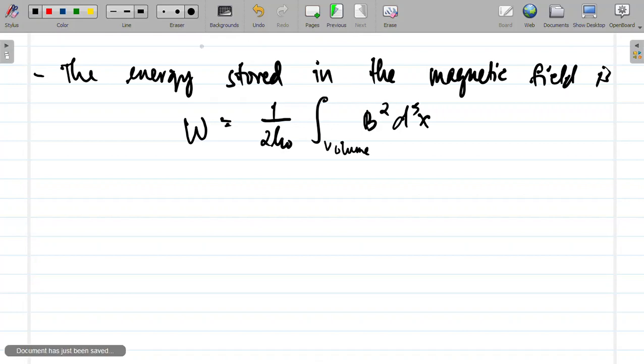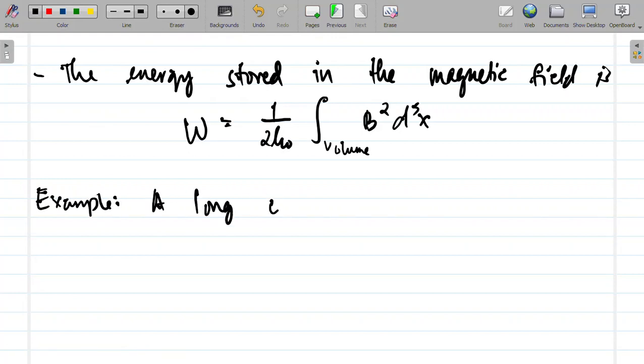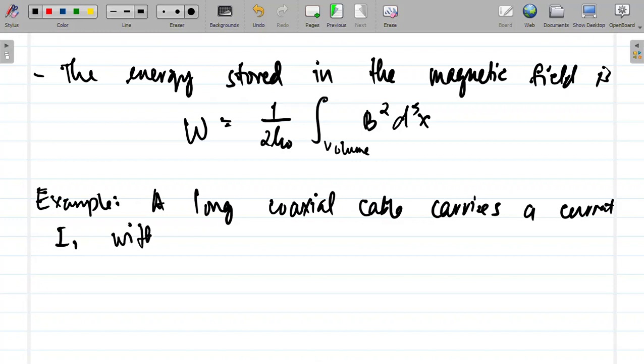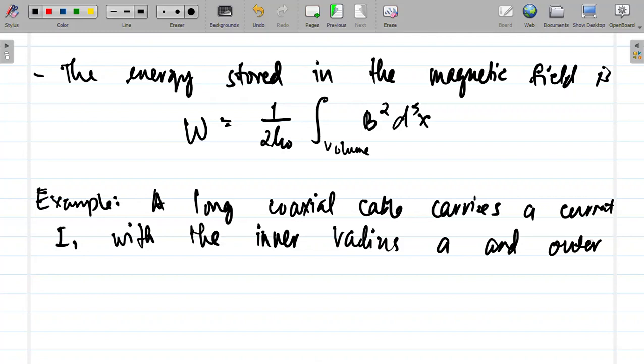Now, para saan ba to? Let's take a look at an example. So here, a long coaxial cable carries a current I. Tapos, meron tayong with the inner radius A and outer radius B. Bale, meron tayong mga cylindrical shells na coaxial.